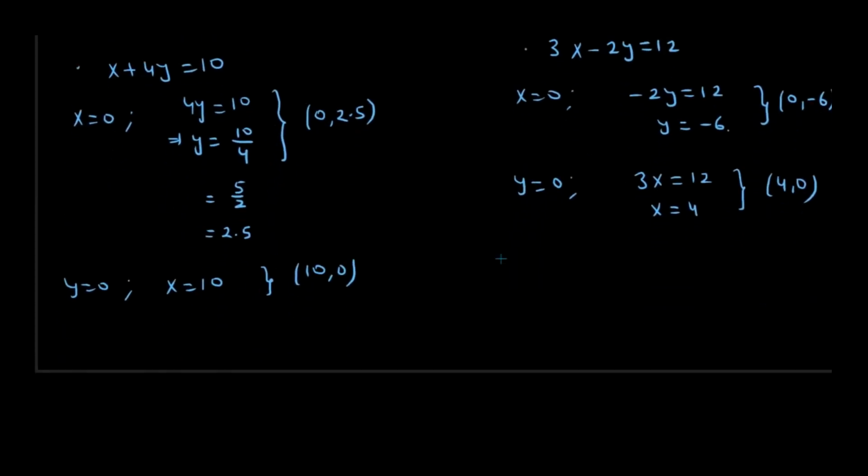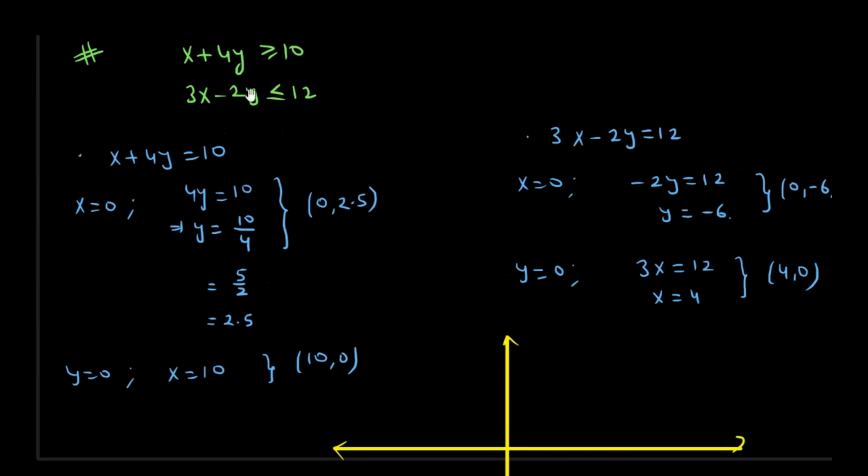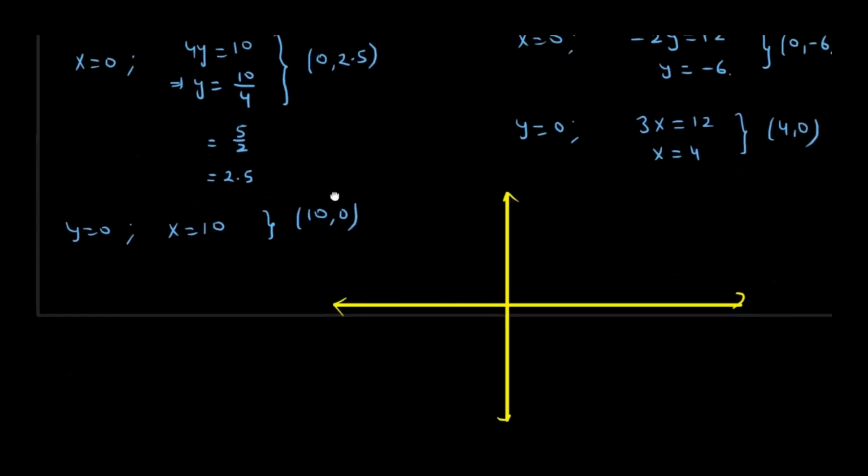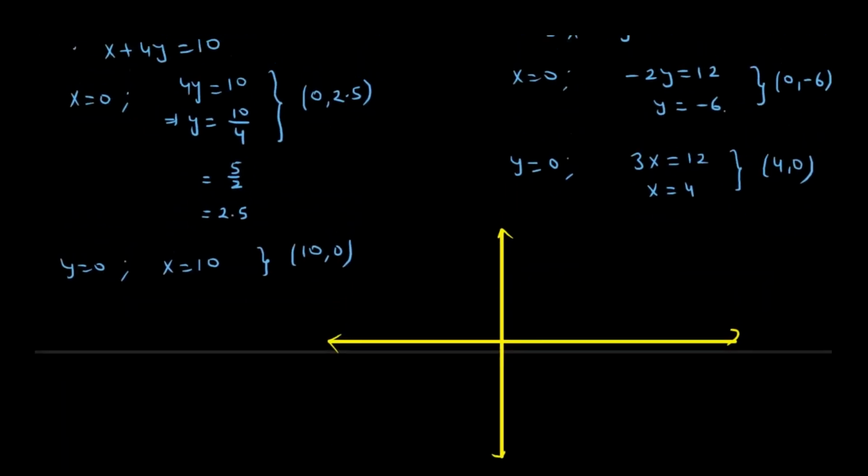So I'll just make the coordinate plane over here. These are the arrows. Will the lines be solid or dashed? I think both will be solid because the greater than or equal to sign is included in both. So for the first one, I'm going to need 0 comma 2.5 as one of the points, which is somewhere over here, and 10 comma 0, which is somewhere over here.